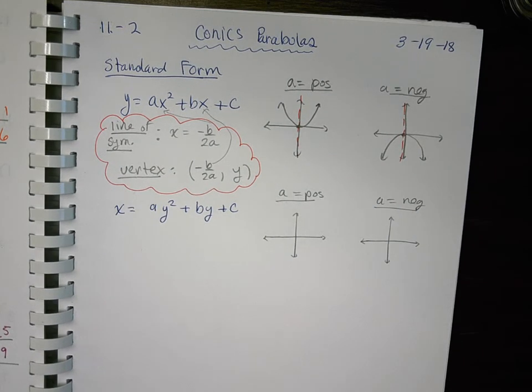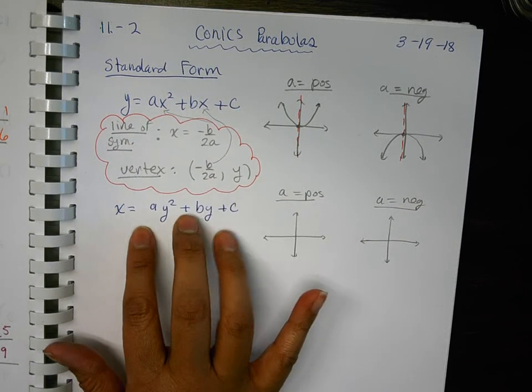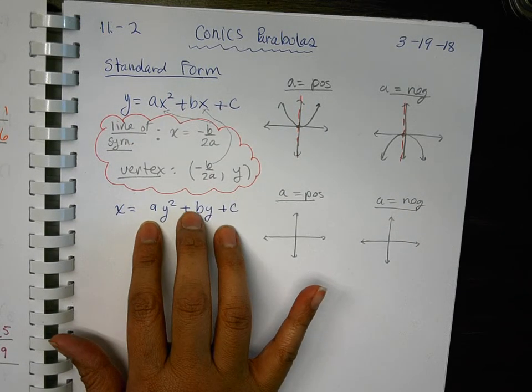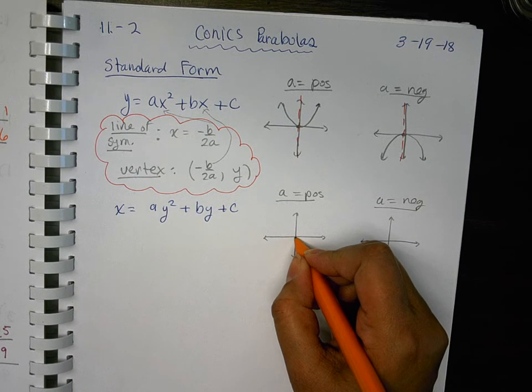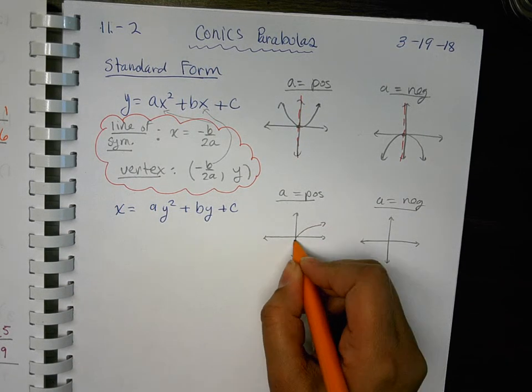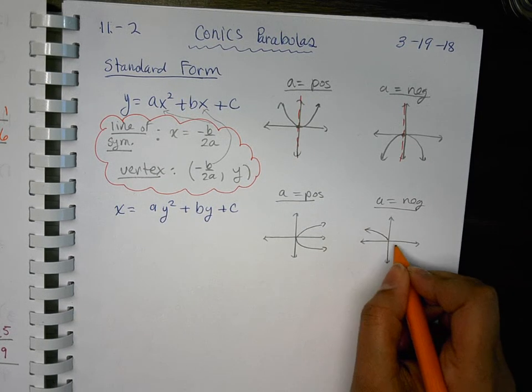All right, what's the difference between these two? This parabola does what? Sideways. If it's positive, it opens to which direction? To the right. And if it's negative, it opens to the left.